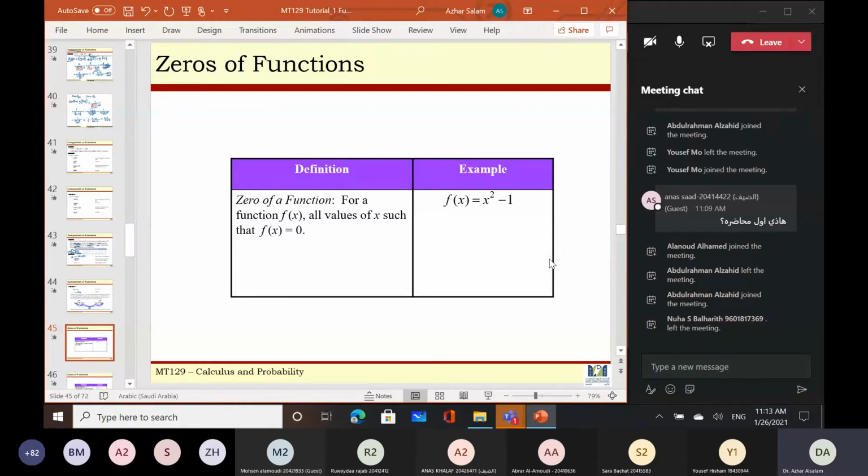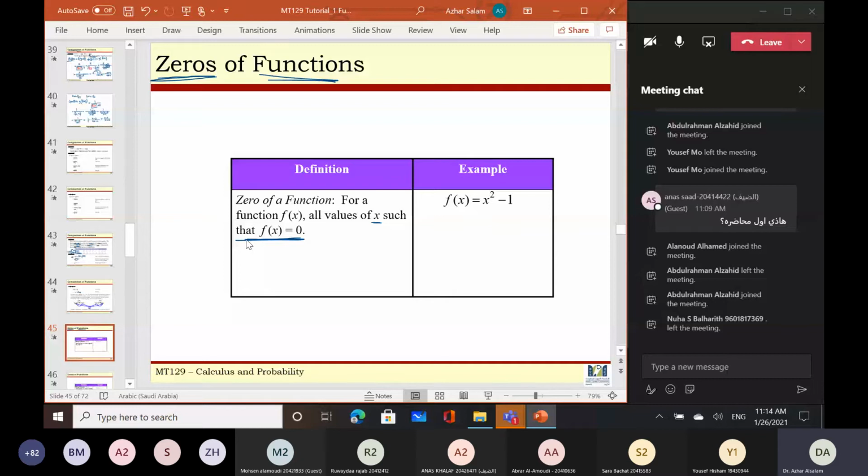Okay, the next topic is zeros of a function. This is a very important topic in the study of operations on functions. Zeros of functions means the zeros of the function. Zeros of a function are all the values of x, so I am looking for values of x such that f of x is equal to 0.